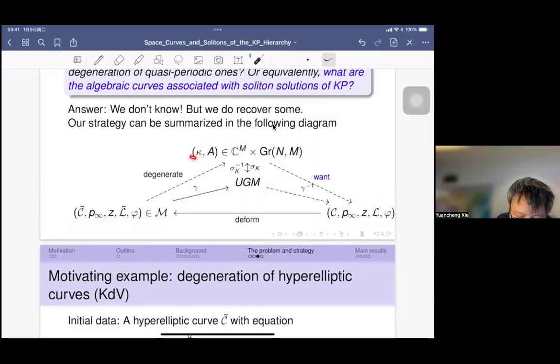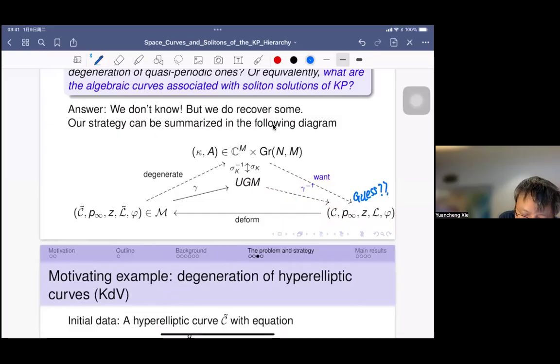But when we embed the soliton data into the universal Grassmannian, we know a priori that it corresponds to some singular curve. And for a singular curve, there is no Krichever map. But tentatively, we use a Krichever map to point back to get some data. And this data, we have to make a guess. And whether this guess is correct or not, we don't know, okay?